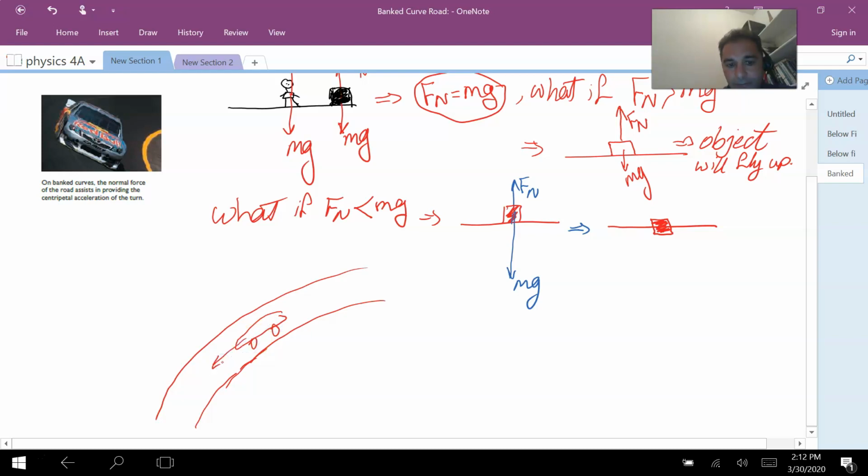It goes in this direction. So what is that? It's Vt. The car goes with tangential velocity. So if it has more speed, ladies and gentlemen, this car will slide out. So this is sliding out. The car will slip.